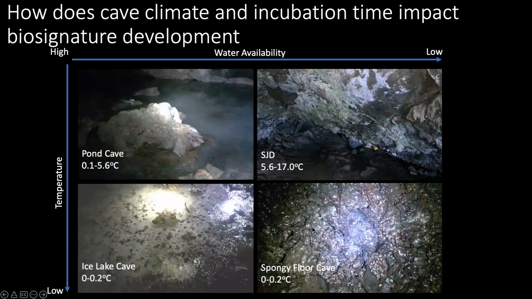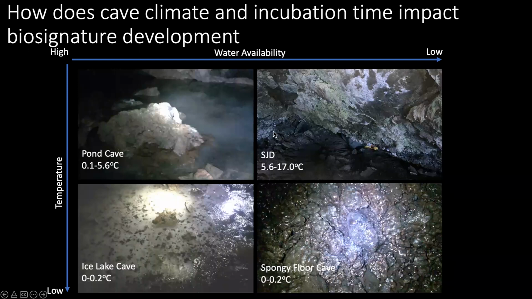It's on an opposite airflow cycle to the surface. And then on the right-hand side, in the low water availability category, you have Screaming Jaws of Death, where water is never observed, though it is present. Like we can see that the soil gets damp, but you can't quantify the water in any way. And then we have Spongy Floor Cave, which intermittently has ice, and then sometimes it's completely dry.